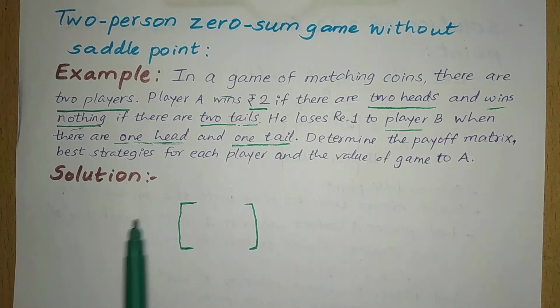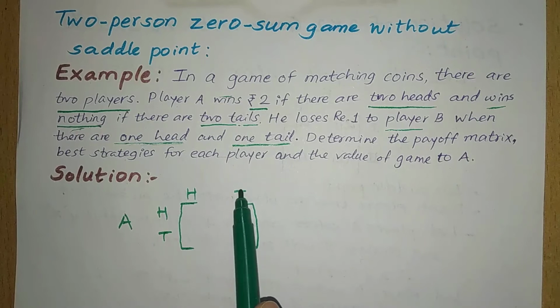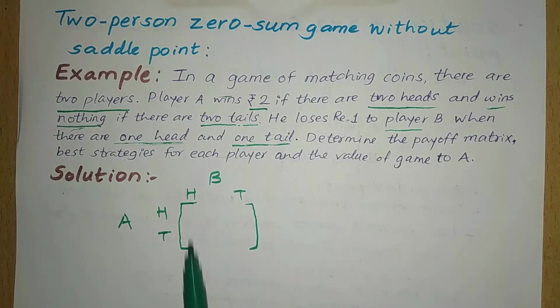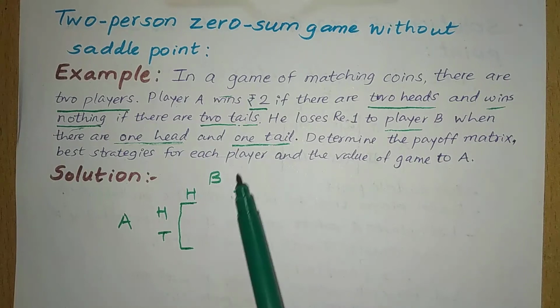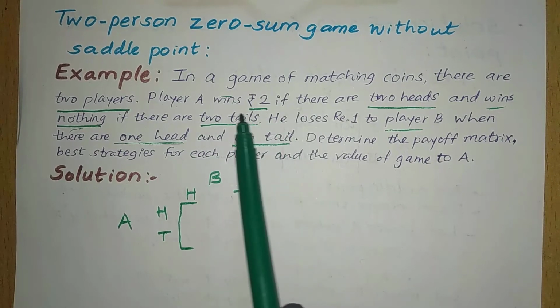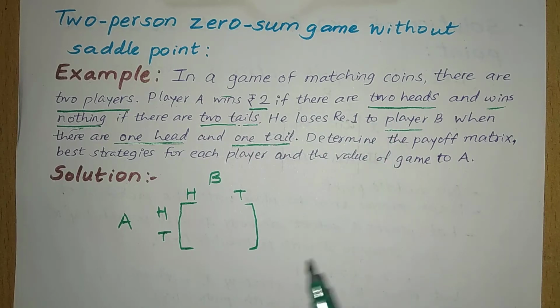Let us write player A on the left-hand side. There are two possibilities for each player, head and tail. Now, going through the conditions, player A wins rupees 2 if there are two heads.